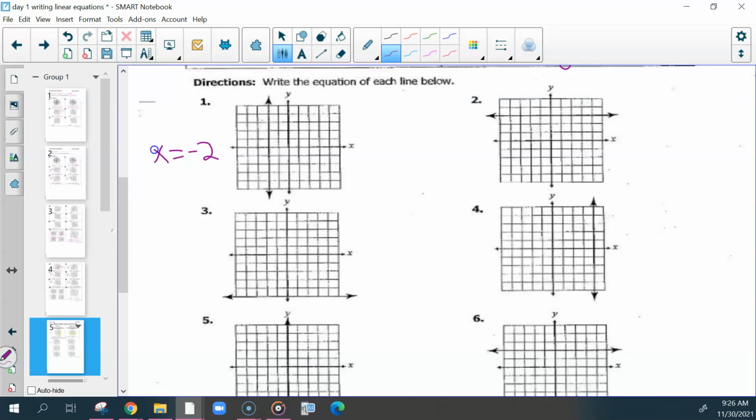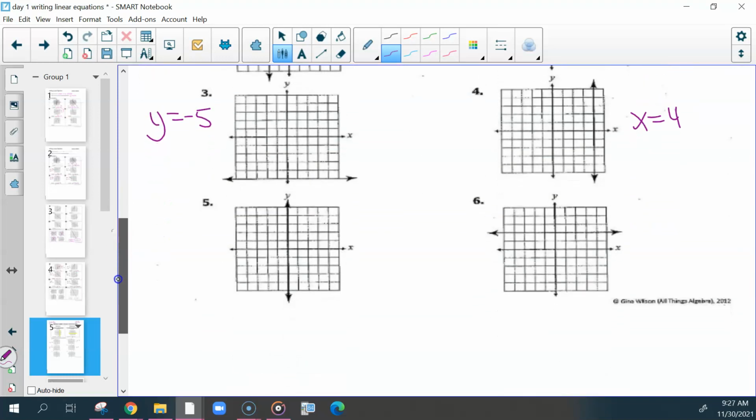Number 2. 3. What about 3? Y equals 3. Number 3. Y equals -5. Number 4. X equals 4.